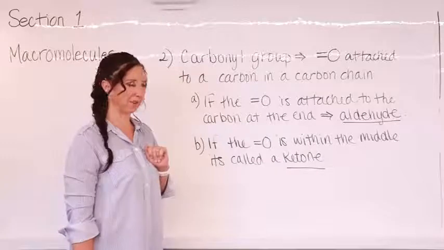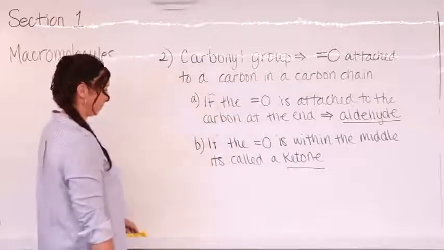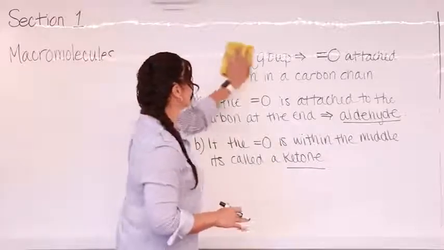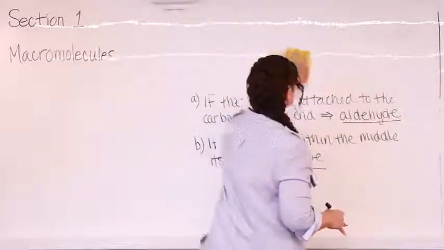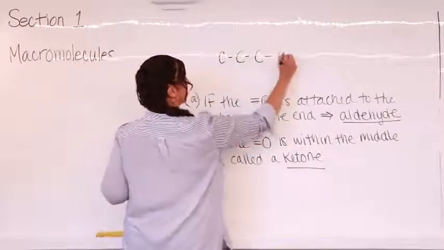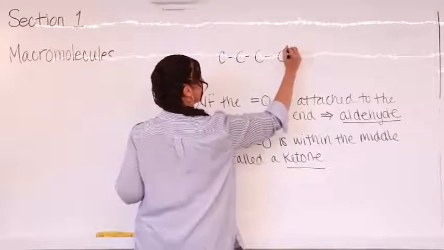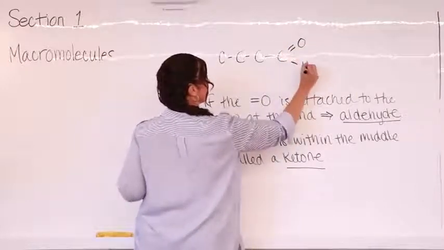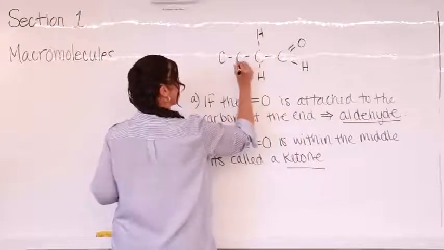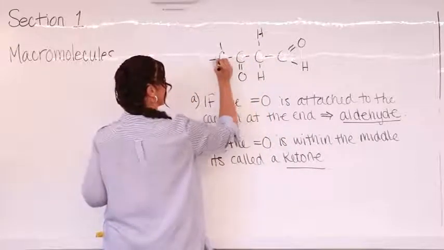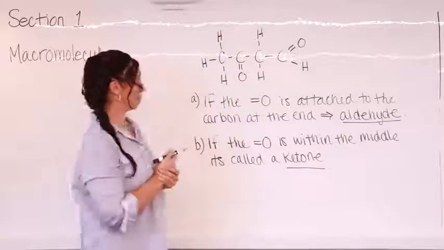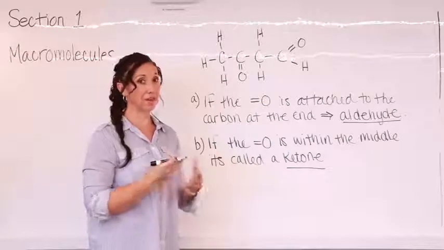So let's see what that looks like. I'm going to erase this top part, but keep this part here for you. All right. Okay, so here are examples of 2 different kinds of carbonyls.